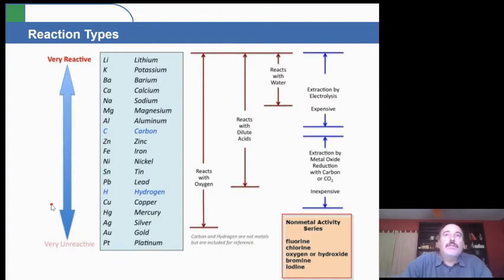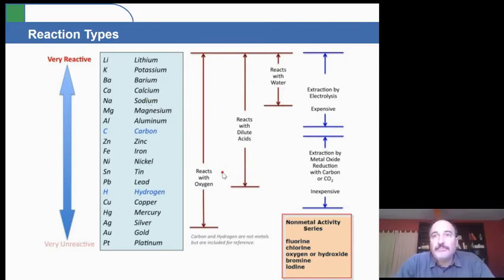So for example, if the lone metal is sodium and the compound contains zinc, since sodium is higher than zinc, then yes, sodium will replace it and the reaction will occur. However, if it's zinc all by itself and sodium's part of the compound, then no, it will not.